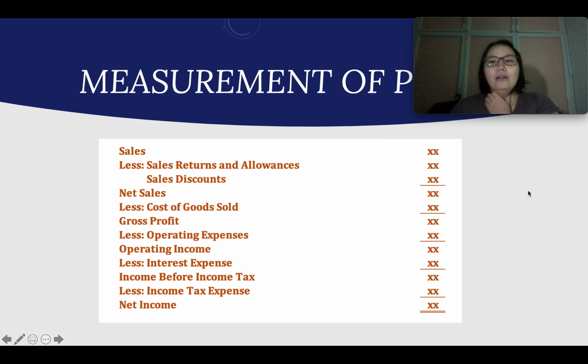So we go back to the computation of the net income for a manufacturing business. As I have mentioned earlier, the manufacturer and the merchandiser compute for their net income in the same manner. The only difference is how we determine the cost of goods sold.